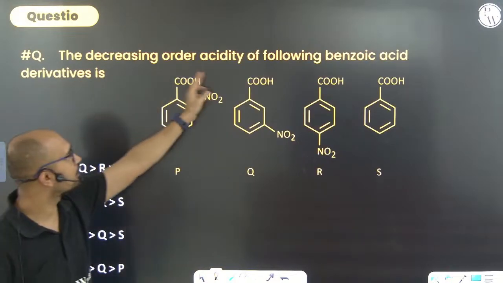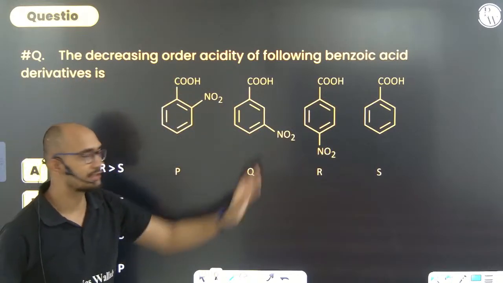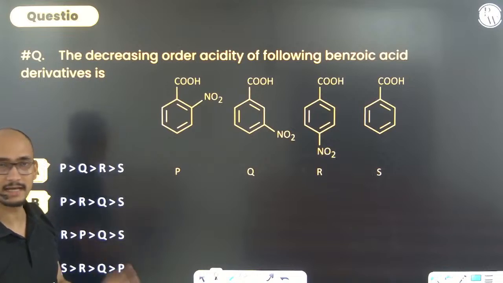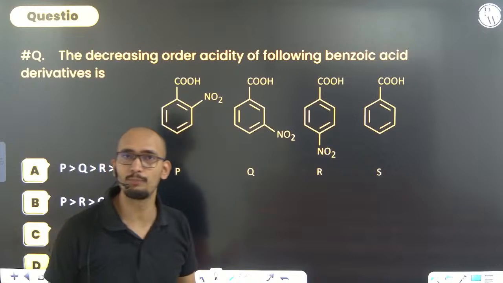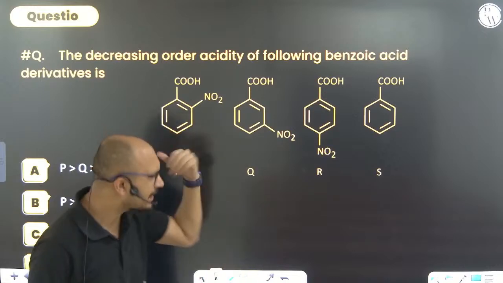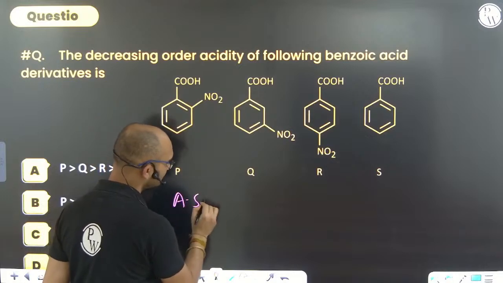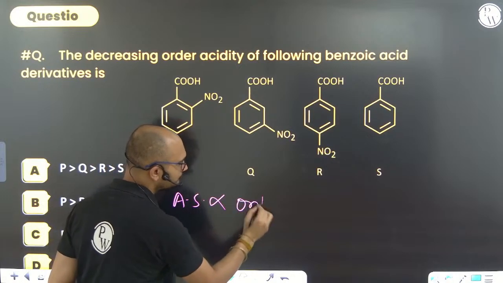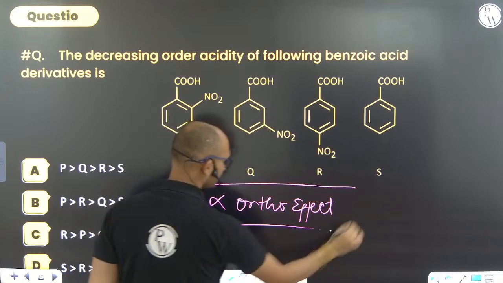The decreasing order of acidity following benzoic acid. Nitro. Okay. These things. Always remember one thing. What is that? Key. Whenever there is ortho position is occupied by any group, plus M minus M doesn't matter. Ortho acidic strength is directly proportional to ortho effect.